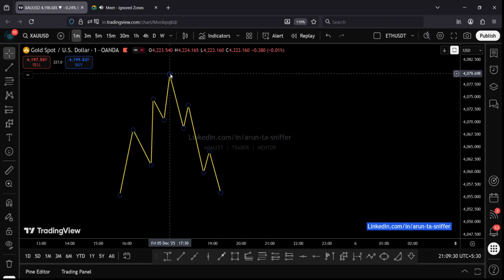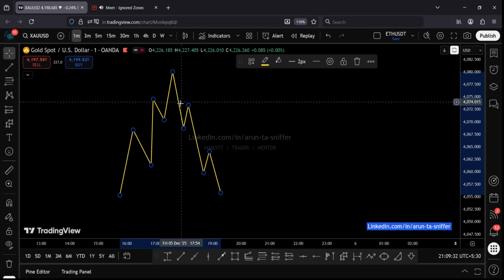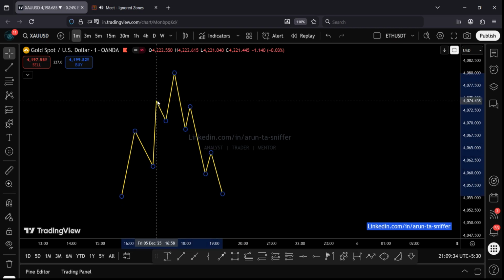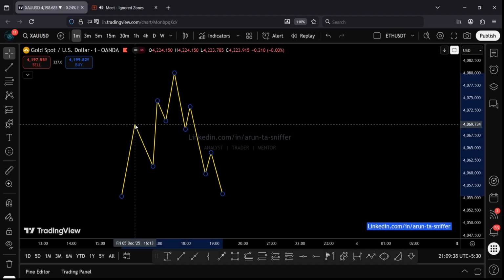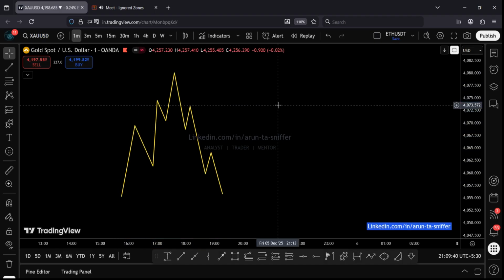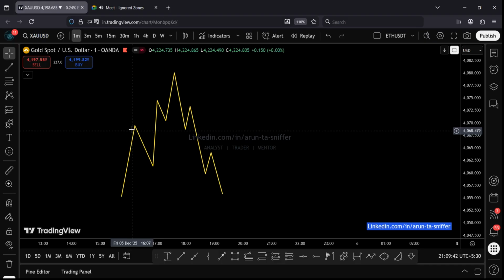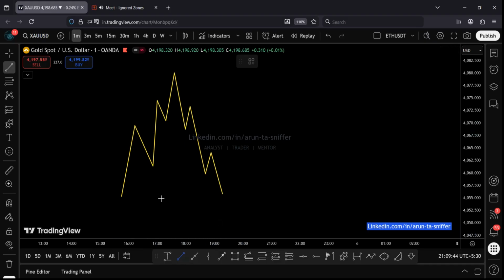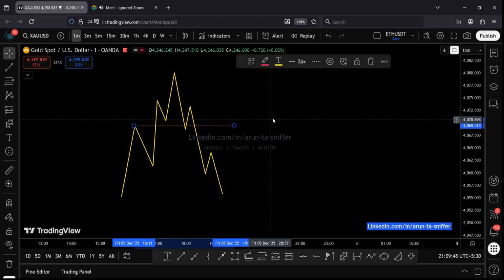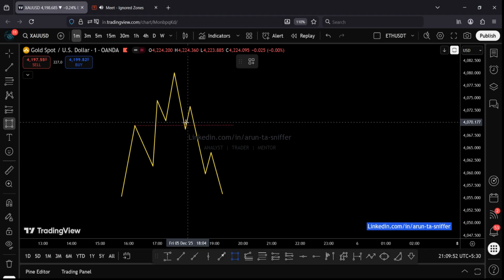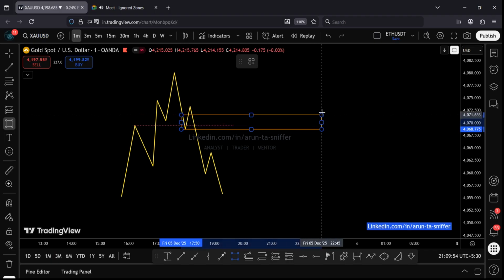As we know, we have two zones here. For this high, if we draw a QM level, this one is a zone.